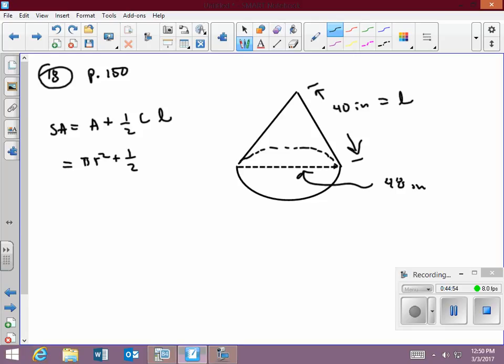The circumference is going to be pi times the diameter times L. Pi. The radius is 24, right? Plus 1/2 pi 48 times 40. So that should give it to you.